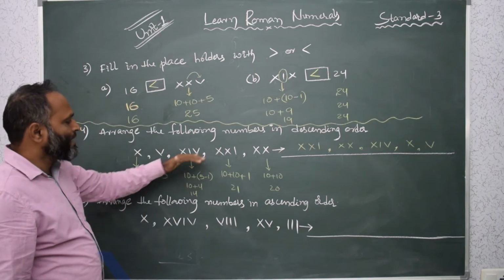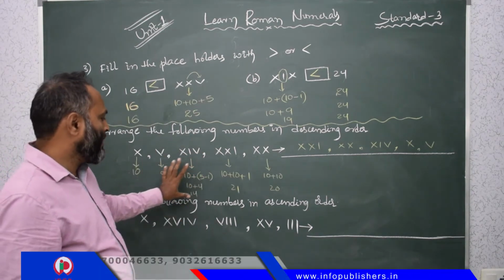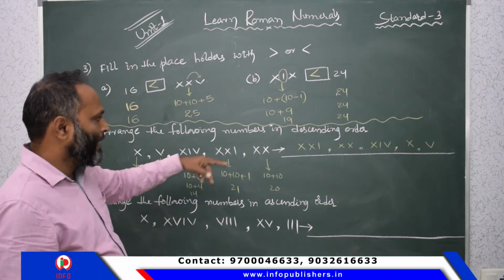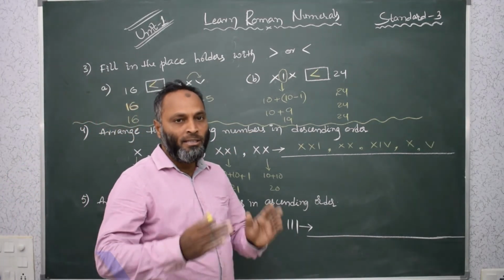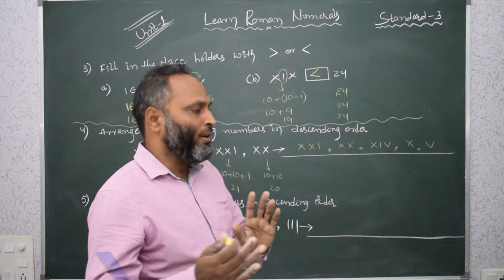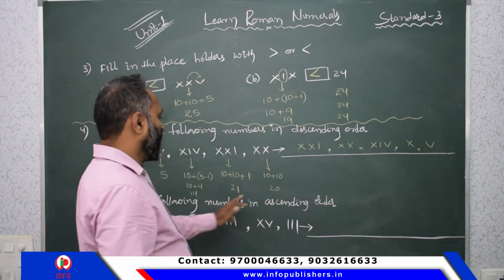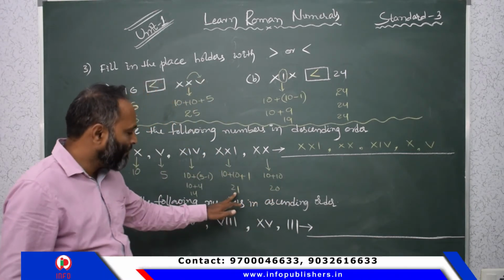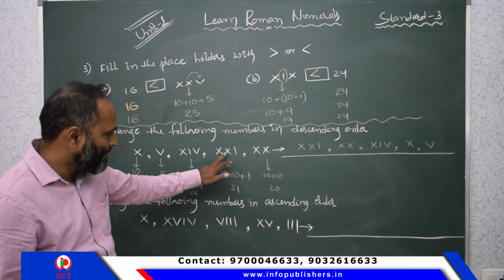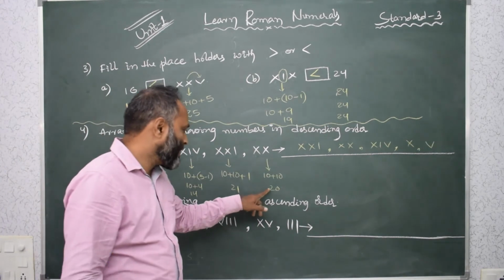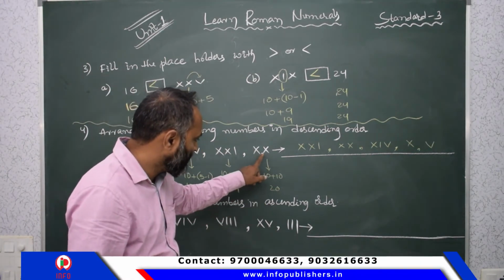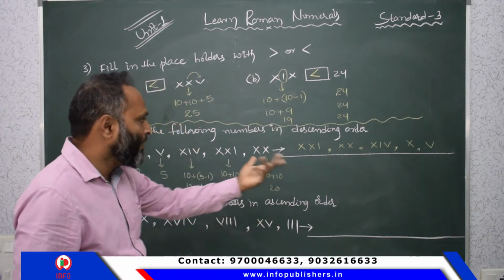After converting, descending order means decreasing order, from bigger to smaller. In all these 5, 21 is the biggest. 21 means this one, XXI. And a little bit smaller is 20. 20 means XX. And after this, which one?